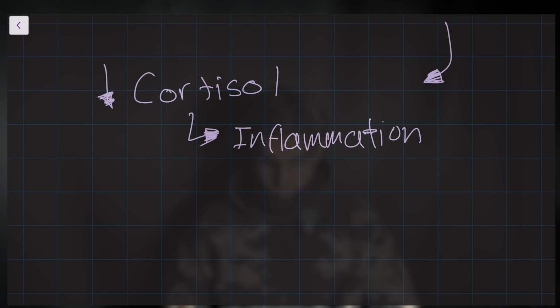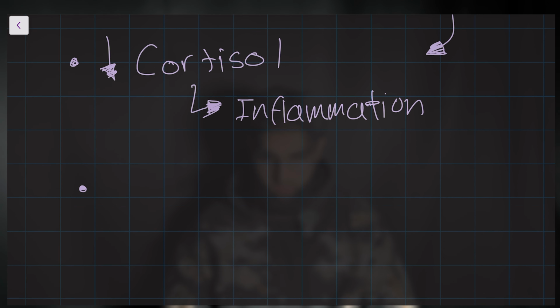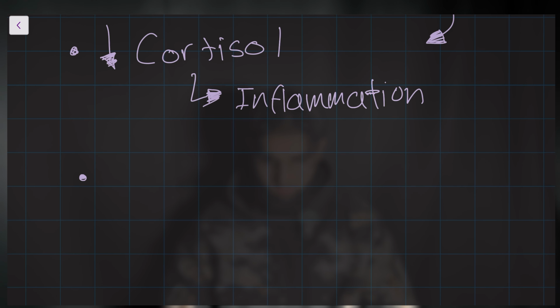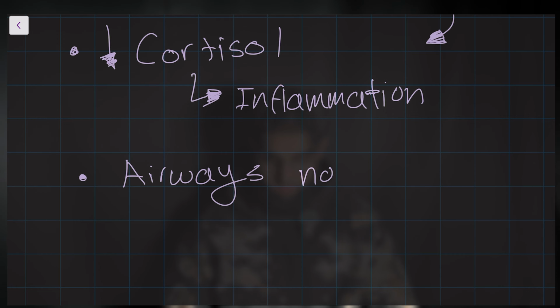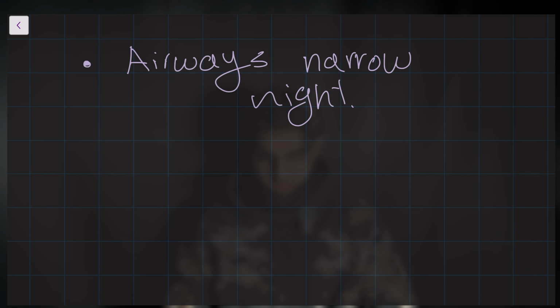Another reason is that the airways are naturally more narrow during the night, okay? This is completely normal and happens to everyone, but because patients with asthma are more susceptible, it typically presents worse.